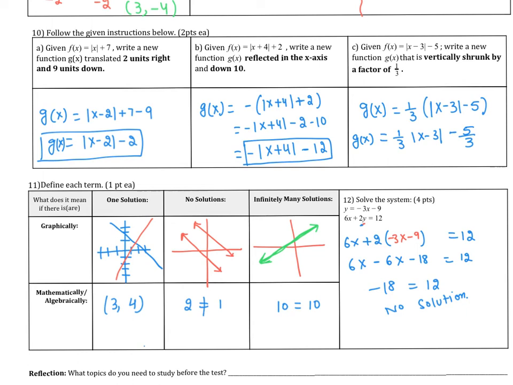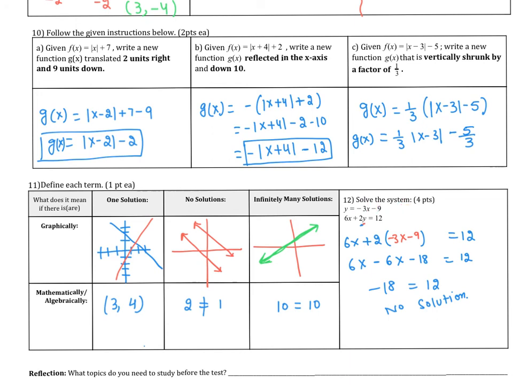Algebraically, no solution means that when you get something equals something, like 2 equals 1, and they are not equal to each other, then it is called no solution. Infinitely many solutions means that they are equal to each other. If you get a situation where the number on one side equals the number on the other side, then it's called infinitely many solutions.